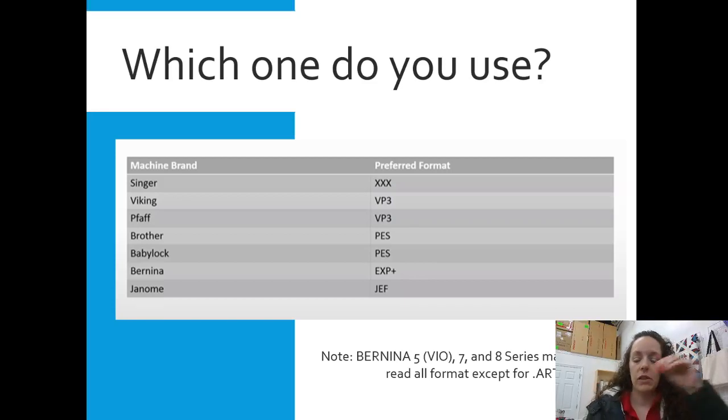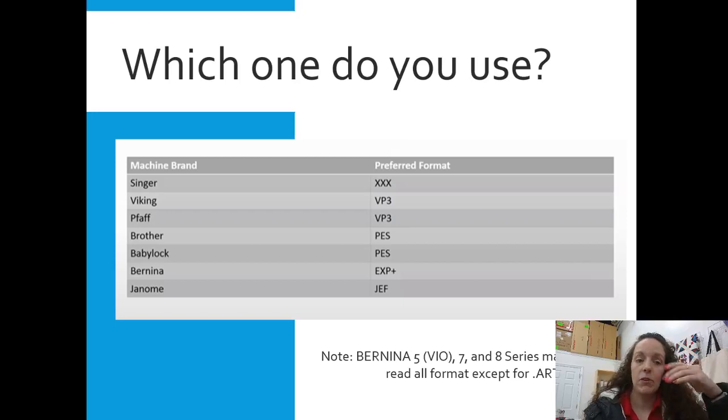But just note that the Bernina 5 series, which we call the violet series, are the ones with the big jumbo black bobbins: the 535, 570, 590. All the 7 series and the 8 series machines can read every machine format with the exception of .art, because remember, ART is a Windows computer-based format. Your sewing machines don't have Windows in them, so that's why the art won't open.